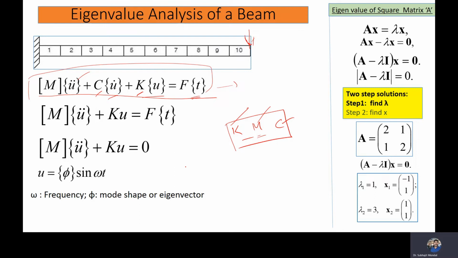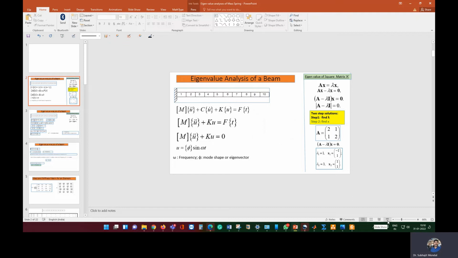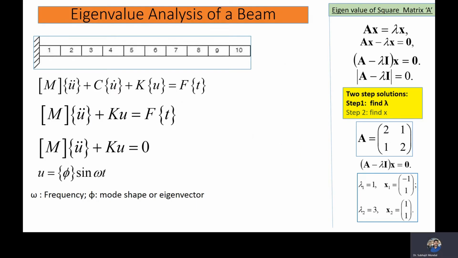Now, what happens when you go for eigenvalue analysis? In that case, we need to consider a free vibration case. So we write the equation as m u double dot plus c u dot plus k u is equal to 0.